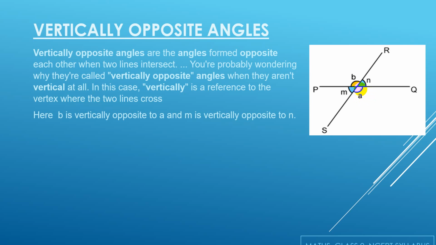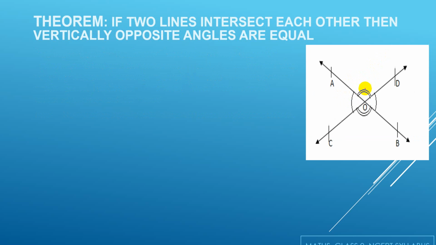When these two lines PQ and RS are intersecting, we are forming four angles A, B, M, and N. A is vertically opposite to B and M is vertically opposite to N. Now, we have a theorem based on these angles. This theorem says that if two lines intersect each other, then vertically opposite angles are equal.